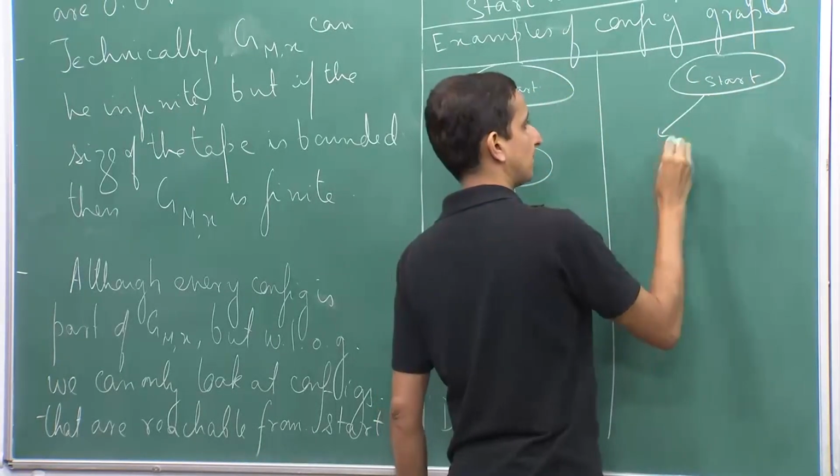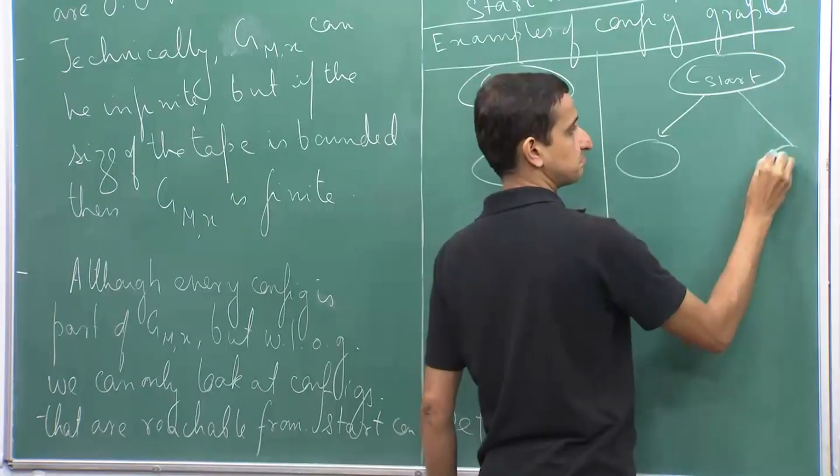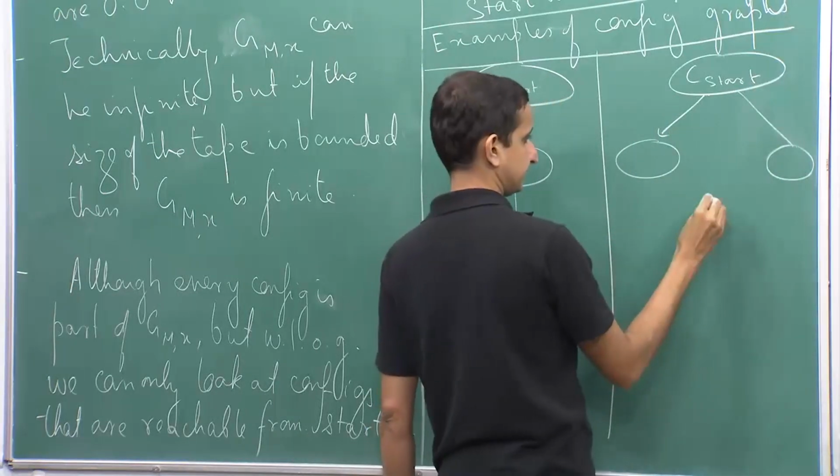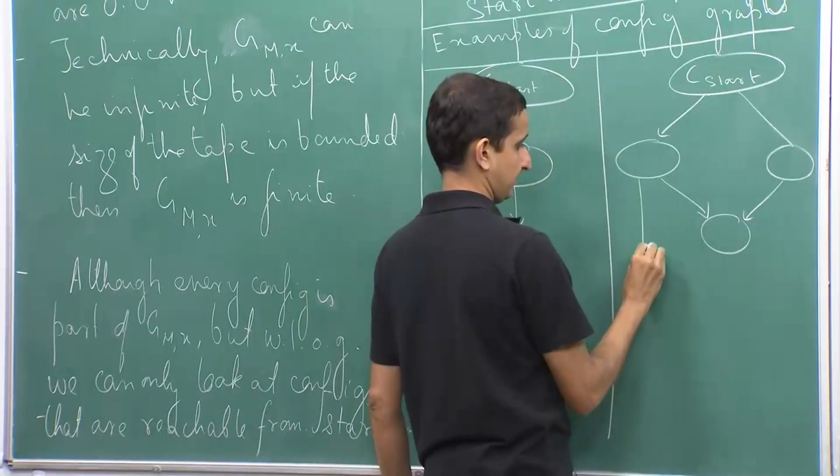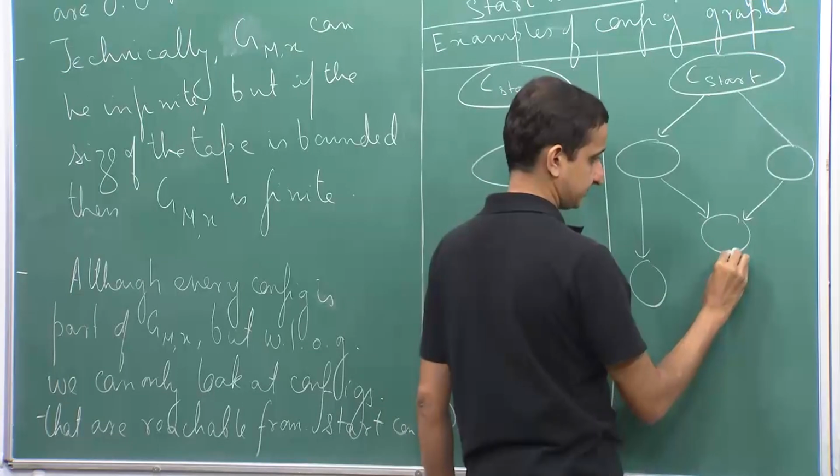In the case of a non-deterministic Turing machine, I have C start. Then maybe from here I go to two different configurations, and then I come here, and then I go to some configuration over here.